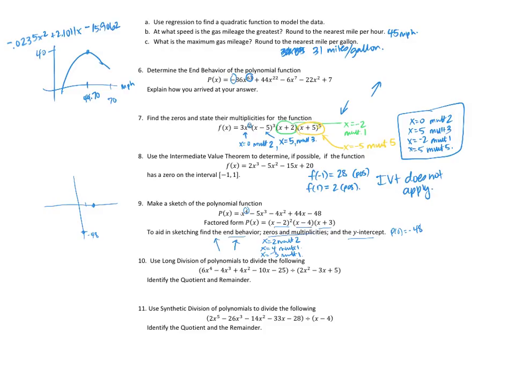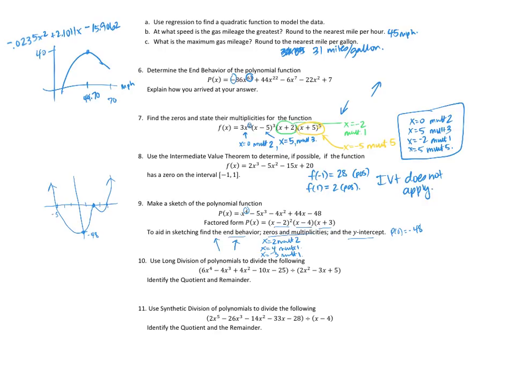And then at 4, it's going to go through. And then at -3, it's going to go through. So if I were to graph this, I would say it's doing something like this. So there's my graph.